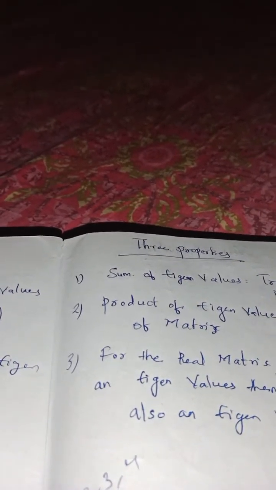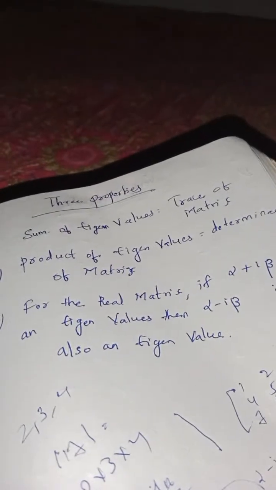So I'll be explaining what are the three properties of eigenvalues. If you remember these three properties, it will be very helpful for you to write in the competitive exams. So let's get started. What are the three properties of eigenvalue? So the three properties of eigenvalues are sum of eigenvalues equals to trace of matrix.